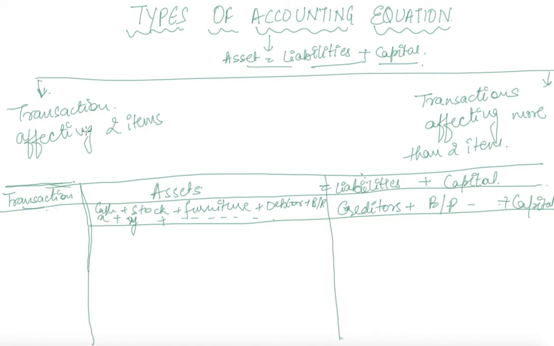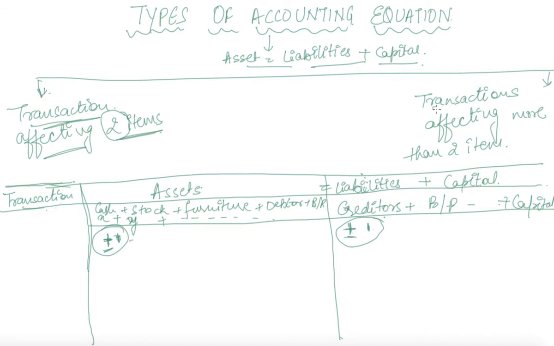Okay, so discussing the types of accounting equation, the first type was transactions that affect two items. The two items can be one asset and one liability or capital. If you have added an asset, then obviously on the RHS, that is the liability side, there should be one increase or decrease, whatever. So you can see that it affects only two items. One is asset and the other one is either liability or capital.